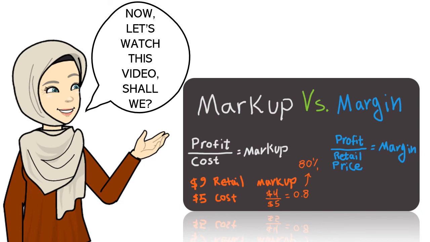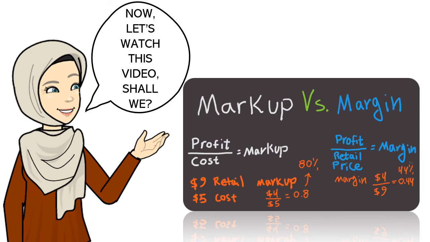Now, if you want to calculate the margin, what we have is the profit, which is $4. I'm going to do it here. $4 divided by $9, which is our retail price, equals 0.44, or we can simply say 44%.